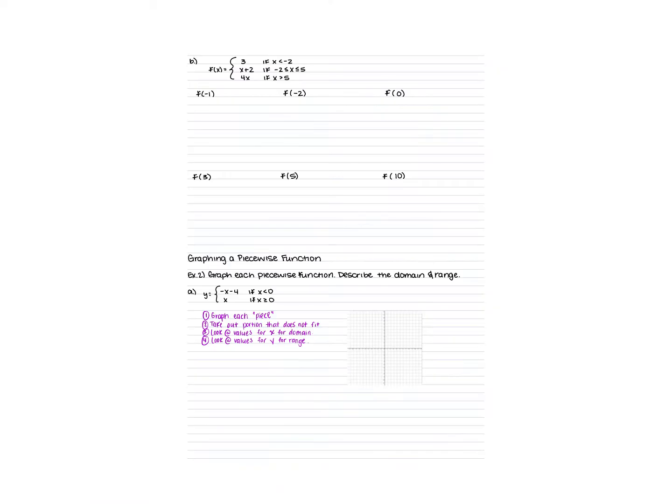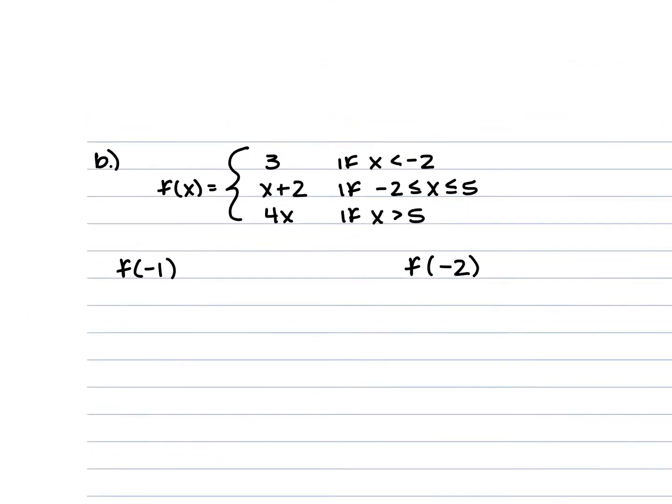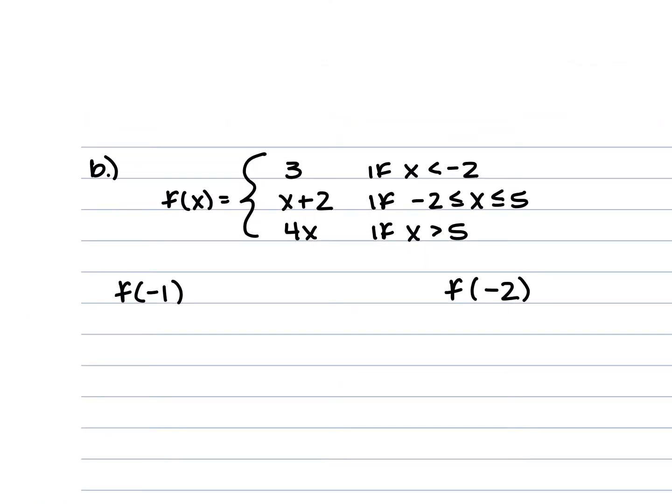All right. Let's try the next few examples, okay? So we're going to find f evaluated at -1. But this function has how many pieces to it now? 3. So let's label them 1, 2, and 3. Let's look at f of -1 first. Where would -1 fall in terms of the 3 pieces that we have?